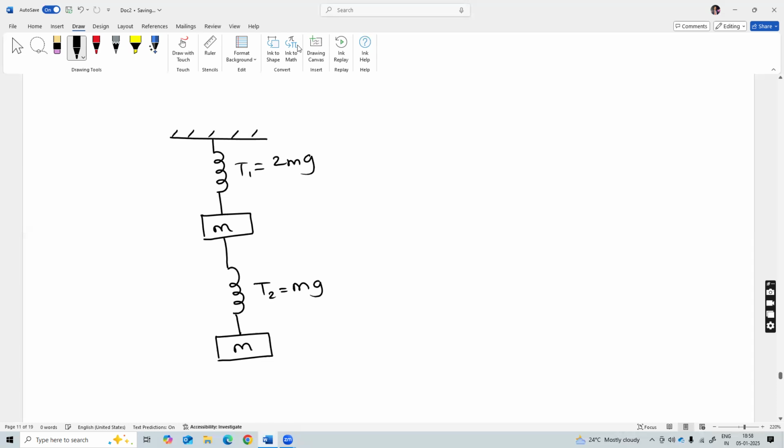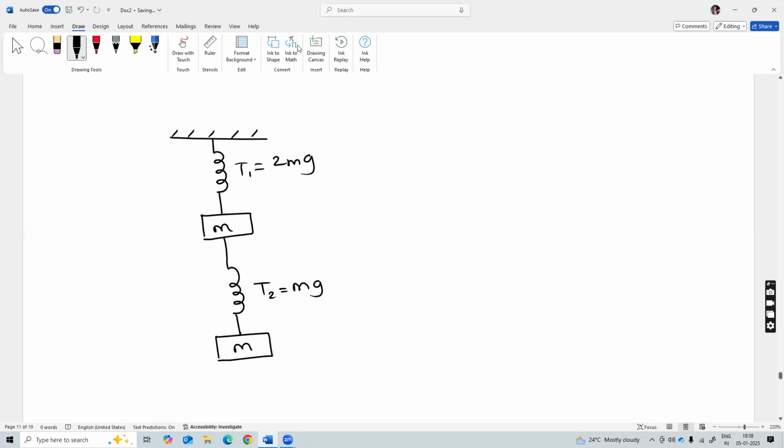In a similar manner you can find it out. But since it is a spring, even though there is a tension acting, basically you are pulling the string.